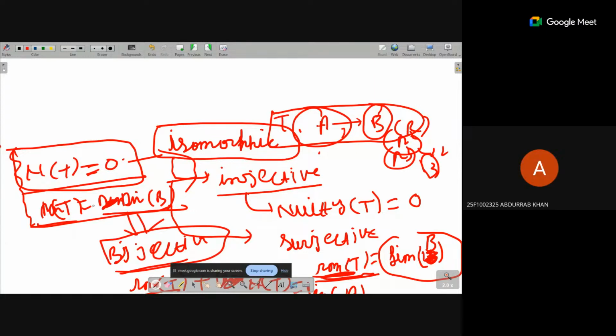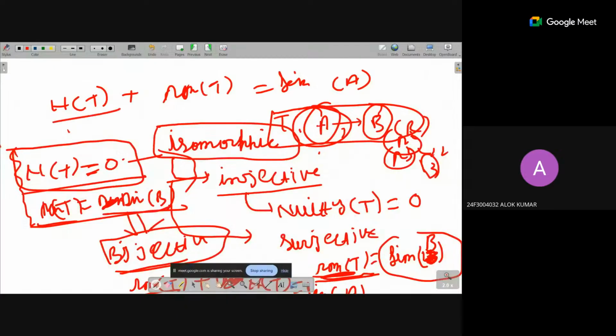Yes sir. And from the rank-nullity theorem, we know that the nullity of T plus the rank of T is the dimension of A, basically the dimension of the domain. So for bijective or isomorphic, the nullity of T must be 0 and the rank of T must be equal to the dimension of B.